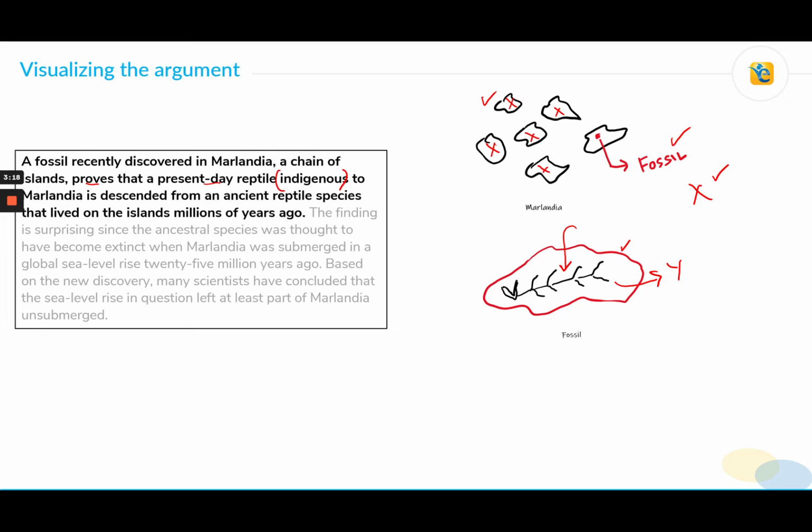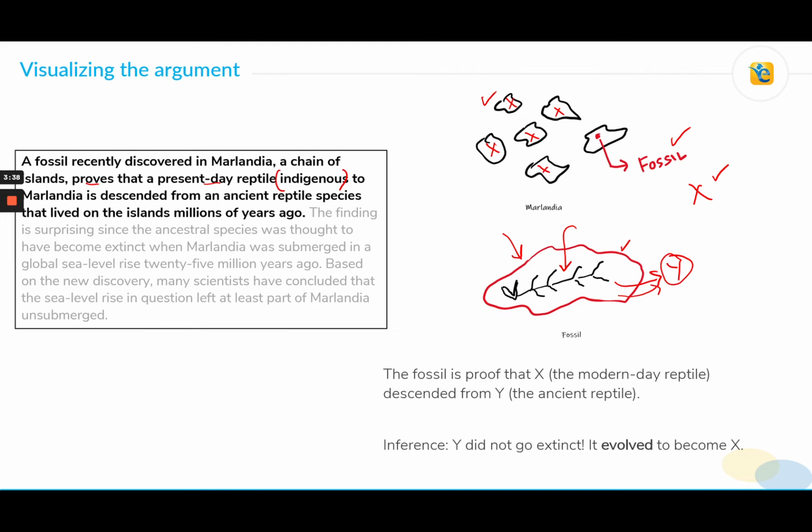Looking at the fossil that contains the remains of an ancestor Y, somebody is able to conclude that it's proof that the modern day species X descended from an ancestor. In other words, the ancestor in question here is this very same ancestor. Fundamentally, we are being told that this particular fossil is proof that the modern day reptile X actually descended from the ancestor Y.